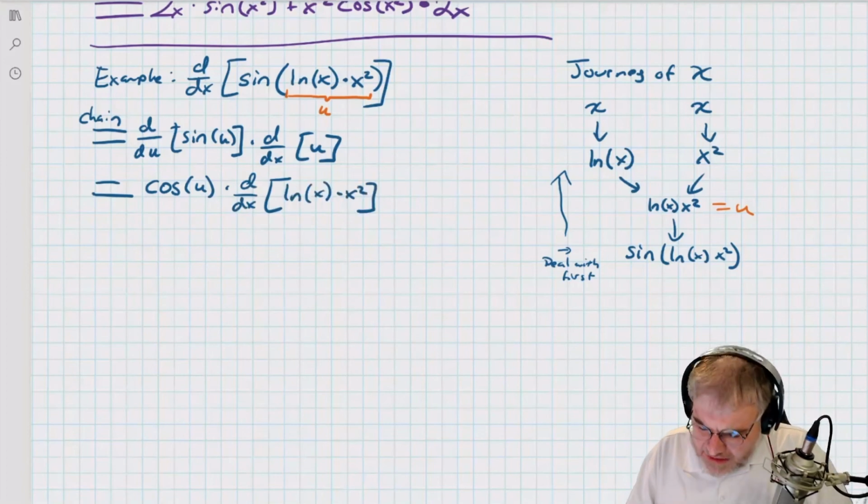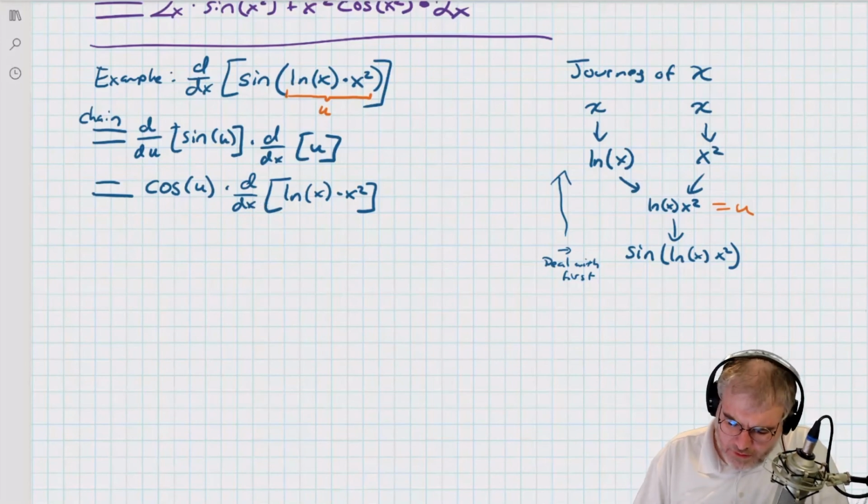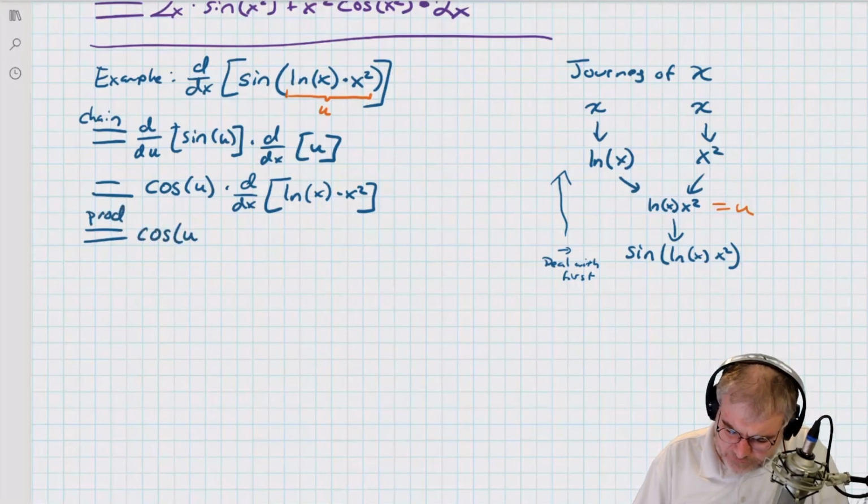Now notice this is baggage, and now I have a product rule problem. So I'm going to carry my baggage, and I'm going to deal with the product rule. Now, note the big thing, because I'm multiplying by everything.